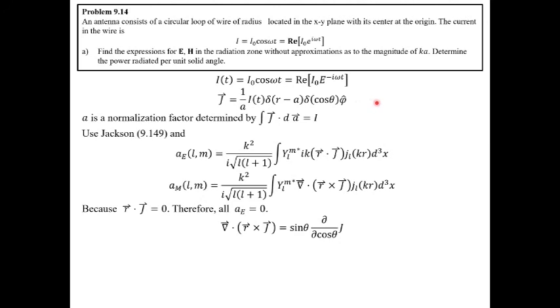Here A is a normalization factor determined by the integration, and the integral has to be I. Using Jackson 9.149, we get the normalization factors for the electric field and the magnetic field, like this. Because r dot J has to be 0, all the normalization factors for the electric field are 0.